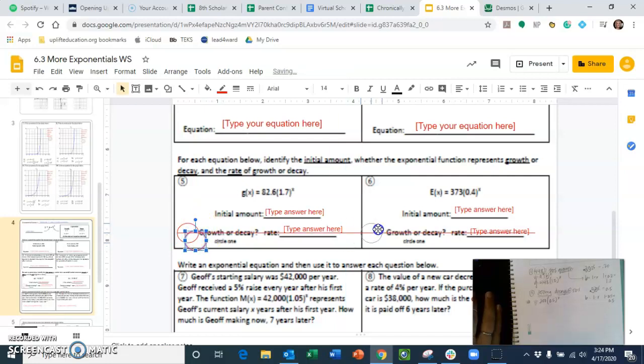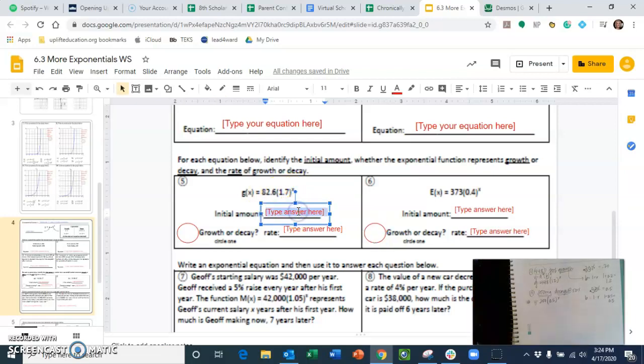Okay, so we got number 5, g to the x equals 82.6 times 1.7 to the x. Okay, the initial amount is my a value. So that means my initial amount is 82.6.